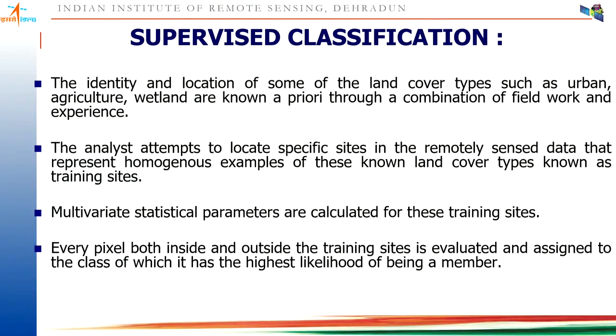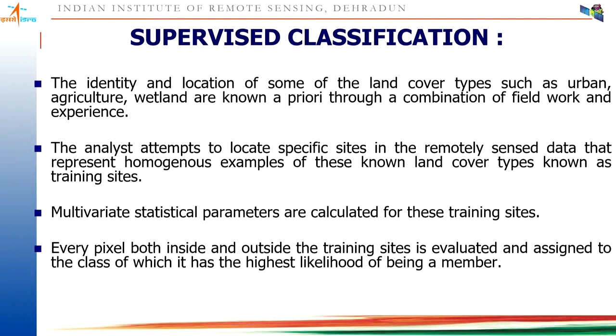Okay, so now since the basic concepts are over, we should come to the two types of classification. There are basically two types of classification: supervised and unsupervised classification. In supervised classification, the identity and location of some of the land cover types such as urban, agriculture, wetland, are known a priori.